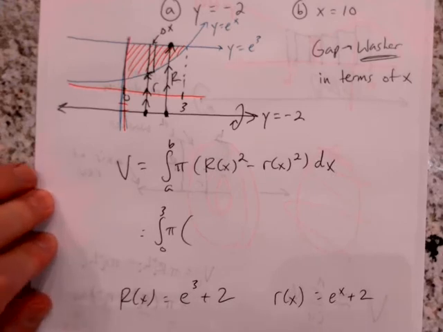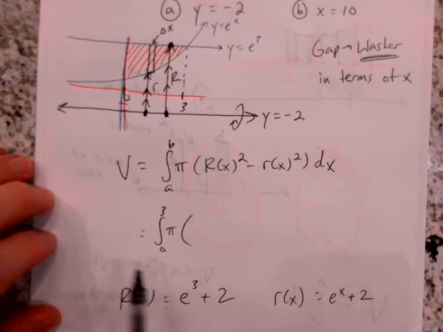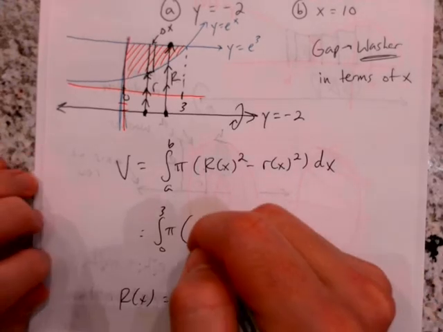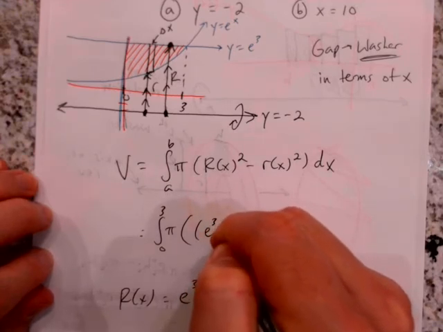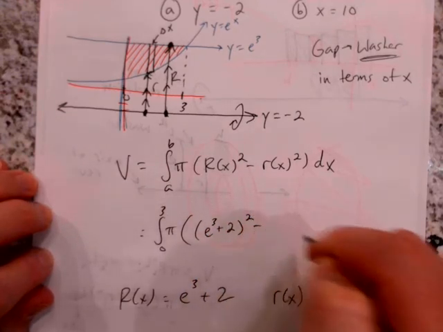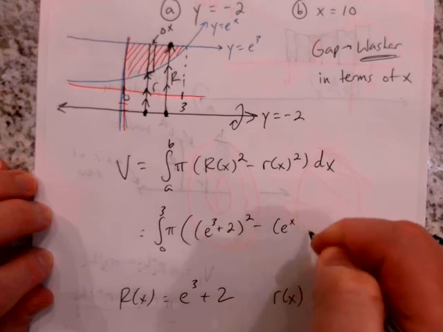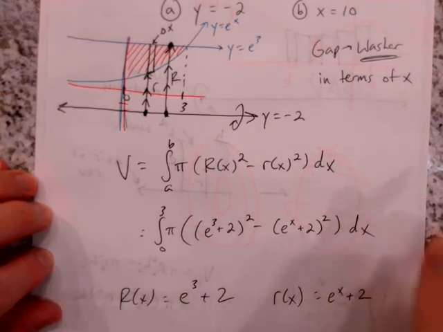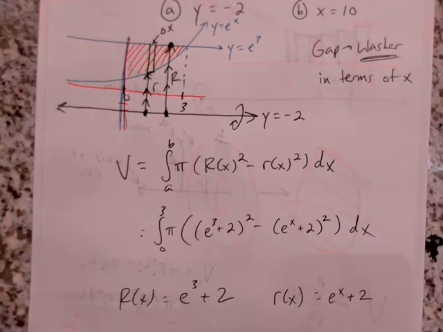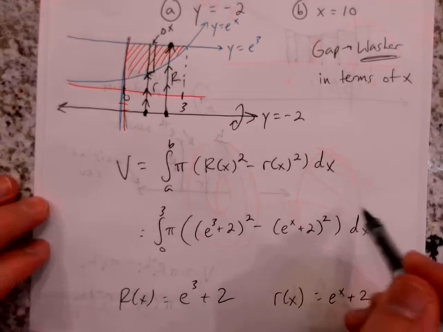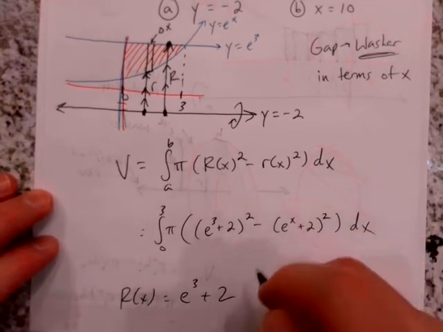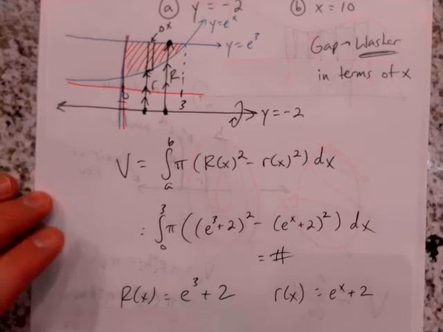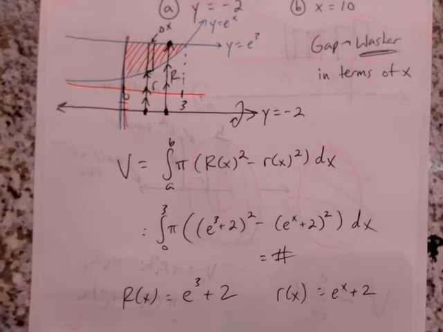And now we got it. The volume is the integral from 0 to 3 of pi big R squared minus small r squared. And then you would plug that into some computer program to find the actual answer. When I give you a quiz or an exam, I'll use functions that are easy to integrate.